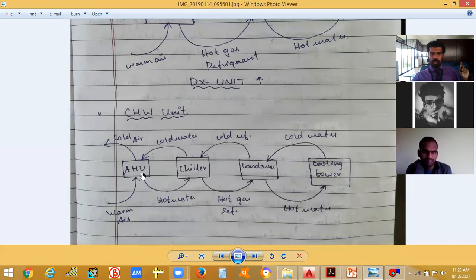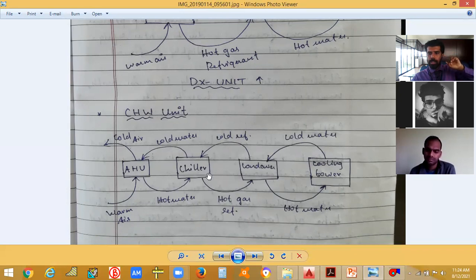The warm air's heat will be absorbed by this cold water. So this cold water will be converted to hot water. Okay, this hot water again has to be converted to chilled water by the help of a refrigerant inside the chiller, which means there is a refrigerant inside the condenser, and that refrigerant helps to convert the hot water to cold water.